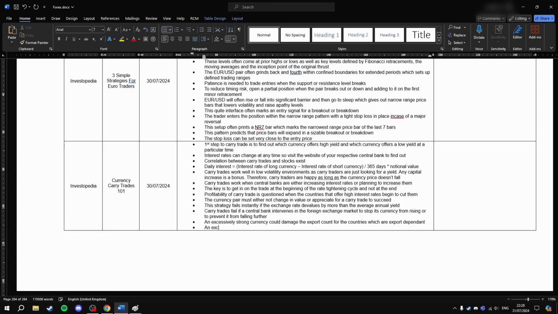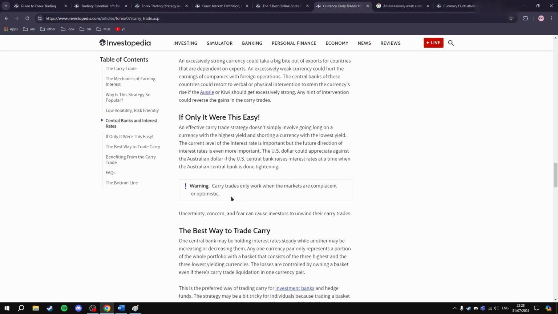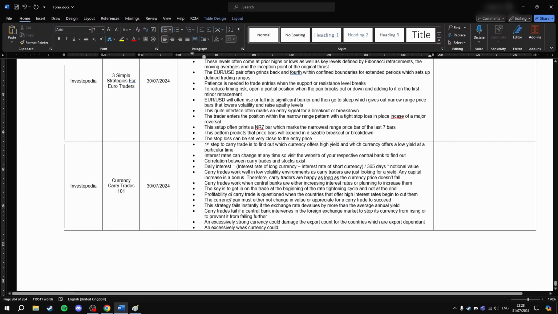An excessively weak currency could hurt the earnings of companies with foreign operations.